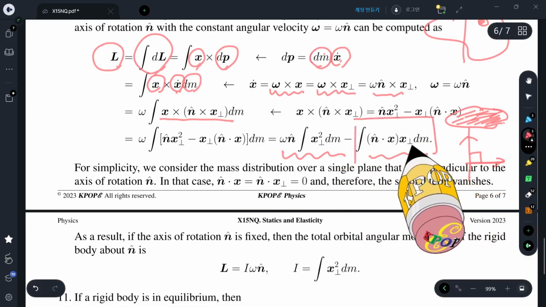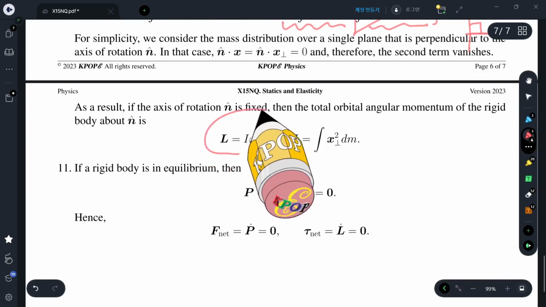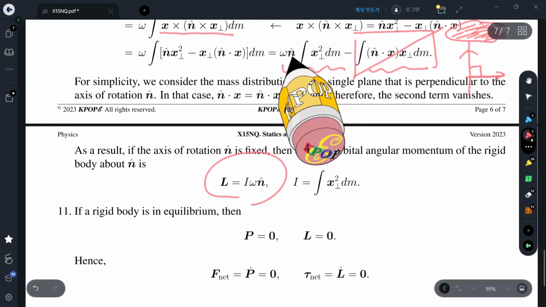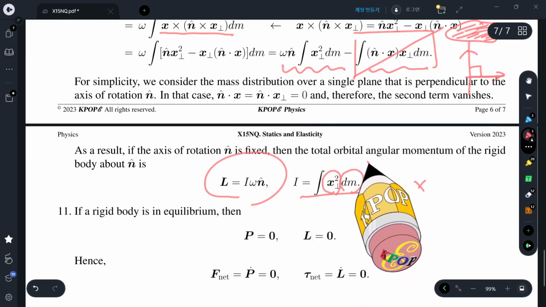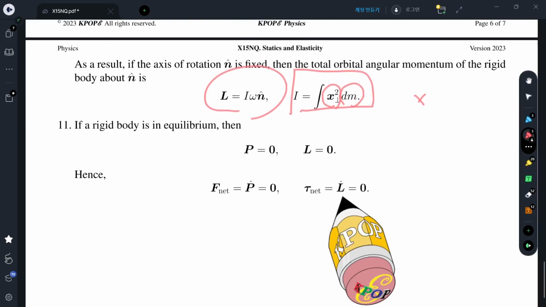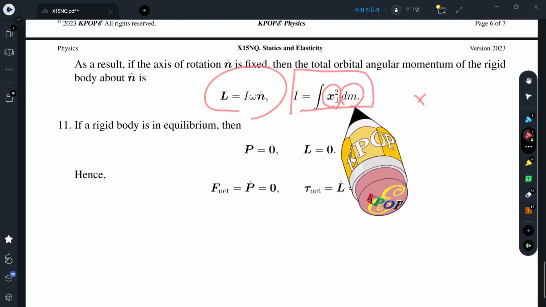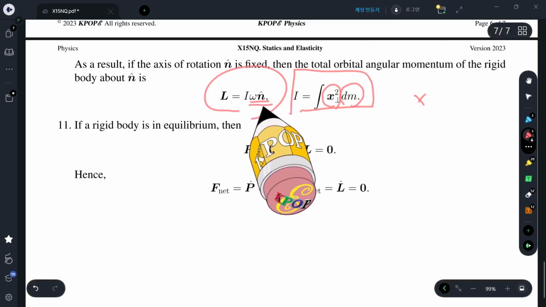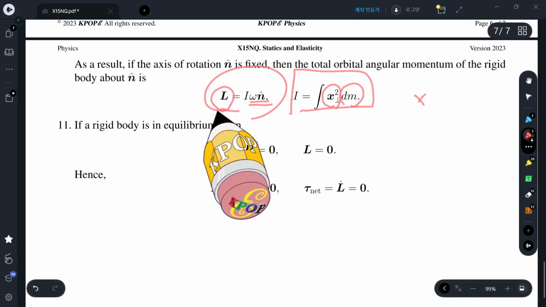In that case, we can ignore this. Finally, angular momentum is expressed as the integral of x perp squared dm. That is the moment of inertia. I can make use of this moment of inertia multiplied by the angular velocity of the rigid body to obtain the total orbital angular momentum.